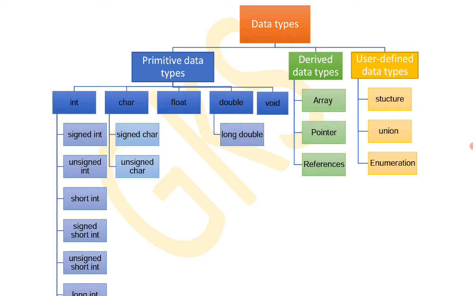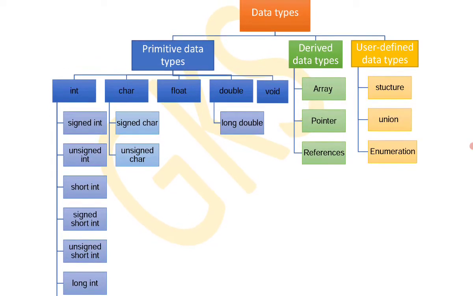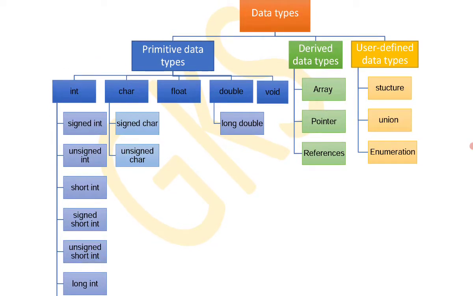Generally, what are the different types of integer data types? Signed integers, unsigned integers, short integers, signed short integers, unsigned short integers, and long data types. So, what are integer data types? Integers means whole numbers. What is a whole number?